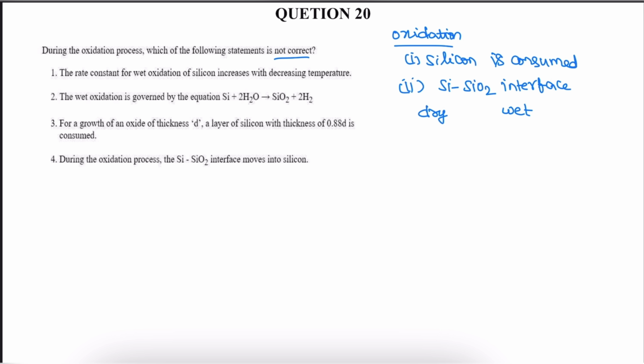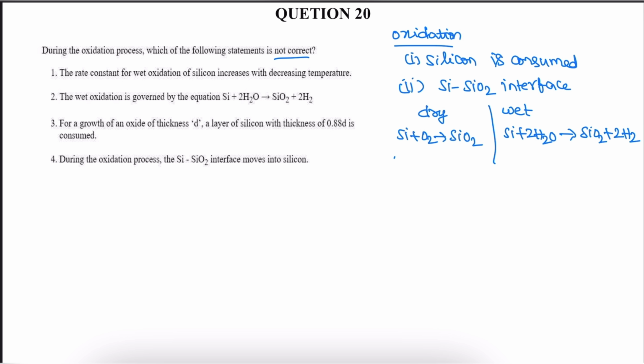Dry oxidation equation is Si plus O2, silicon and oxygen, gives rise to silicon dioxide. Wet oxidation: Si plus 2H2O gives rise to SiO2 plus 2H2.